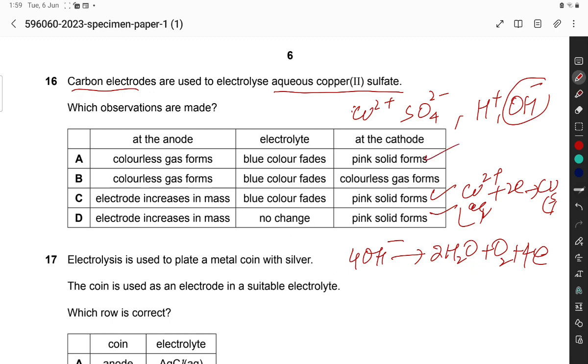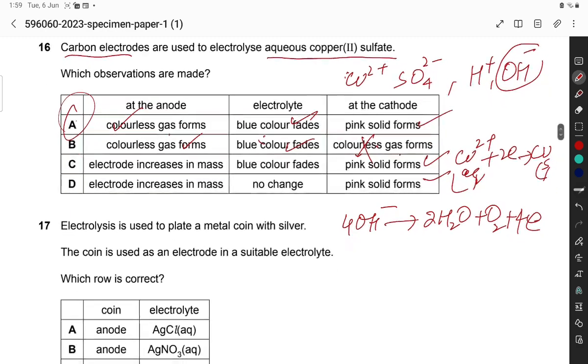Pink solid forms. At anode, colorless gas forms. Yes, oxygen is colorless. This option must be correct. Blue color fades. Yes, blue color fades. So A option is correct.